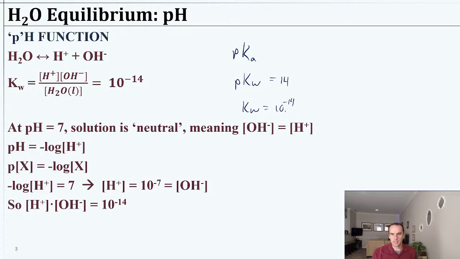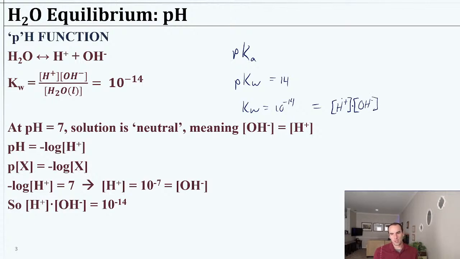One other thing to highlight here is because Kw is 10 to the minus 14, that sets our pH scale from 0 to 14, because we also know from our conversation a minute ago about the equilibrium equation here that Kw is equal to [H+] times [OH-].